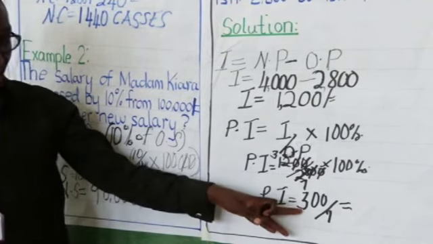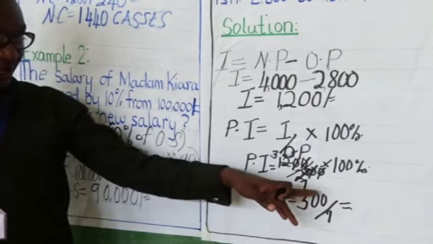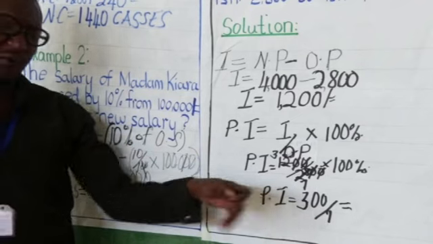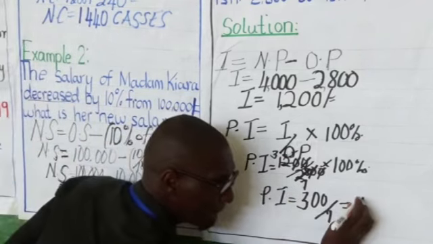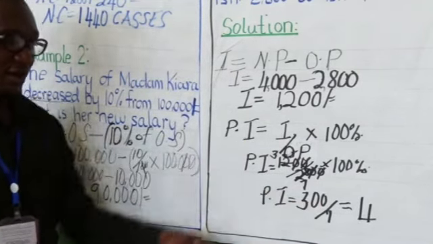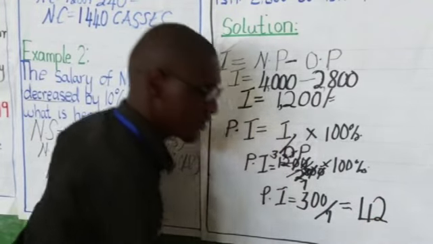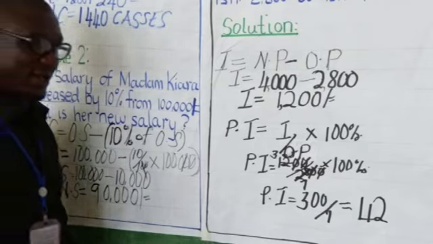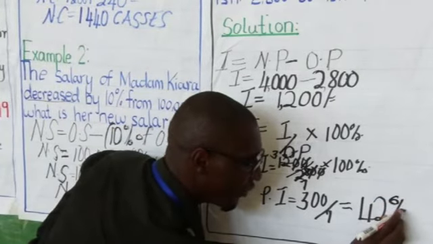We have to change the improper fraction into a mixed fraction. We take 300 and divide by 7. If you divide it very carefully, you get 42, and 6 remains, over 7.